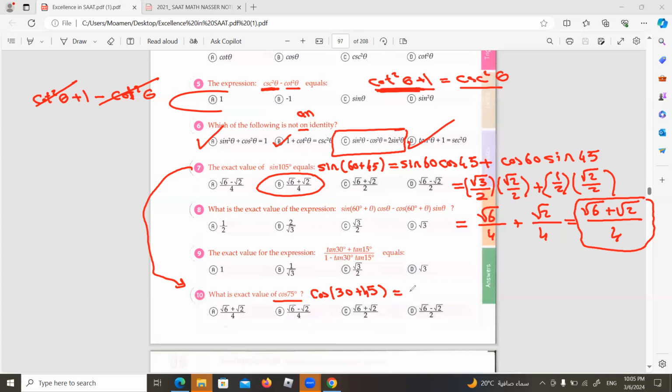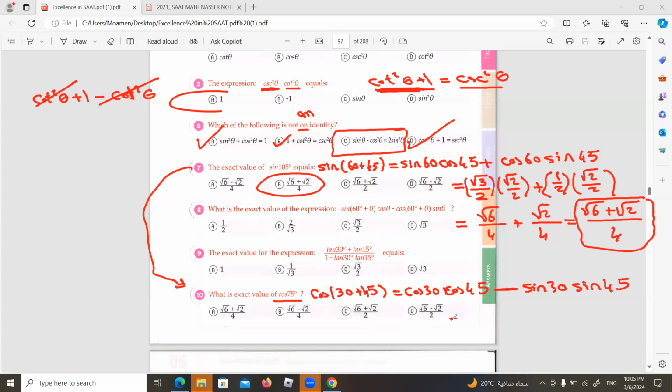What's the rule for cosine? Cosine, cosine, sine, sine. So cosine the first, cosine the second, minus, not plus. If you have plus in the angle, it will be minus in cosine. Sine the first, sine the second.